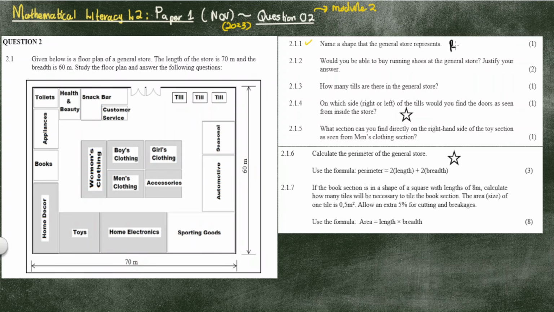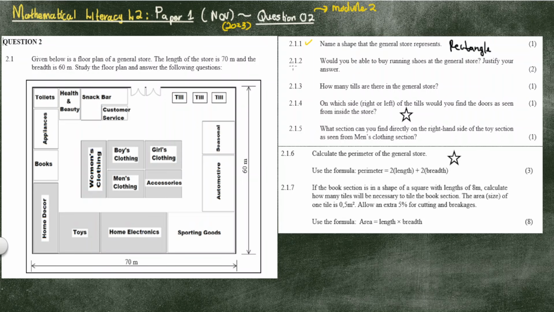I would say it's a rectangle. It has a length and breadth, and the sides are not equal. We have the longest side, which is 70, and the shortest one, which is 60. So it's a 4-sided shape, a rectangle.